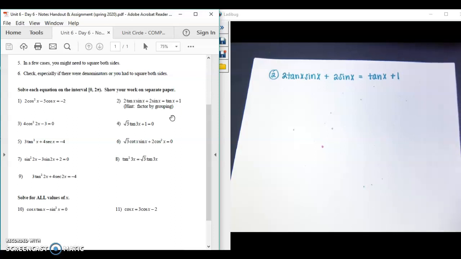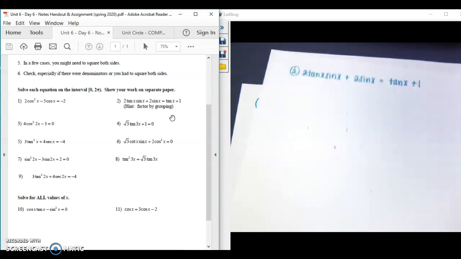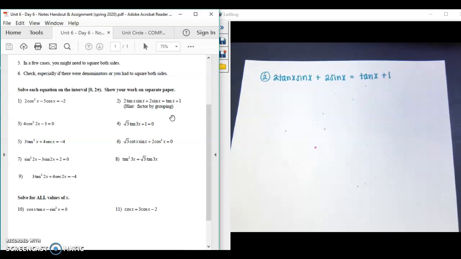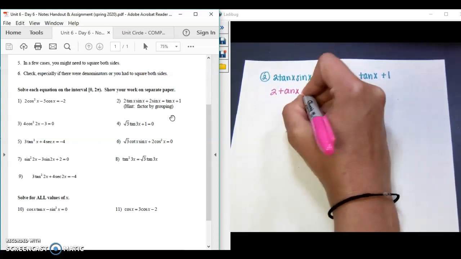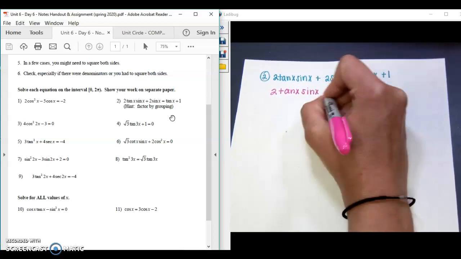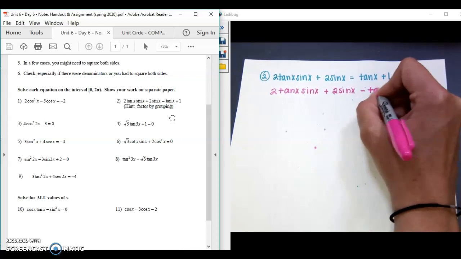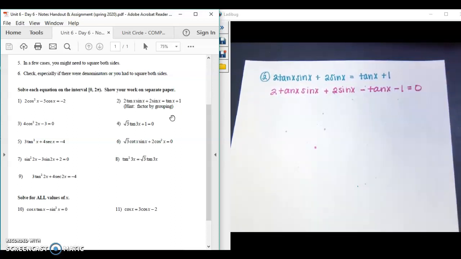So we will factor by grouping, but before you can factor, we do have to make sure that everything is on the same side. Okay, so let's move everything over to the left-hand side.